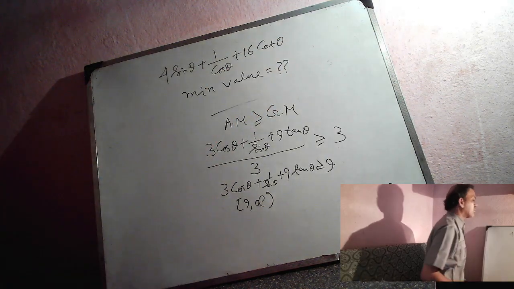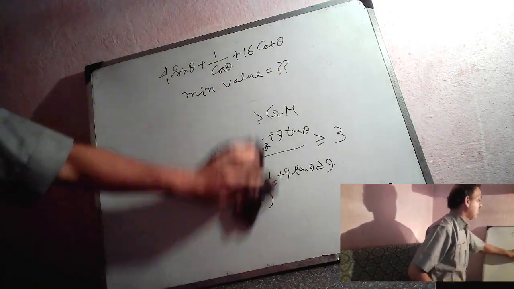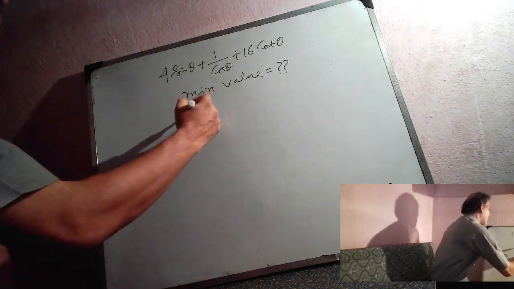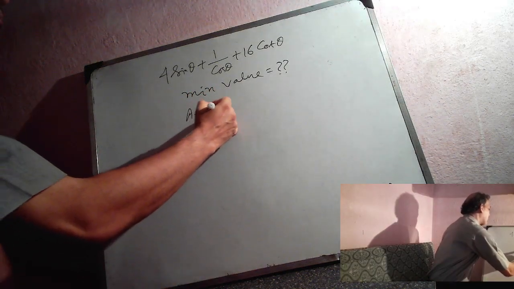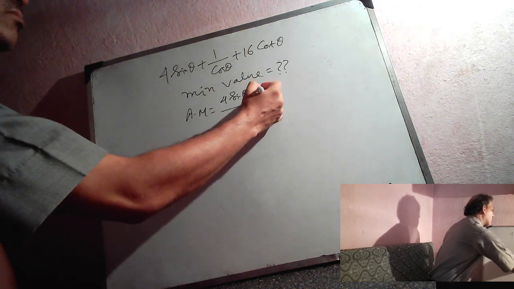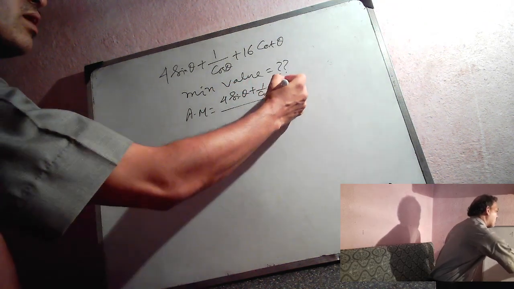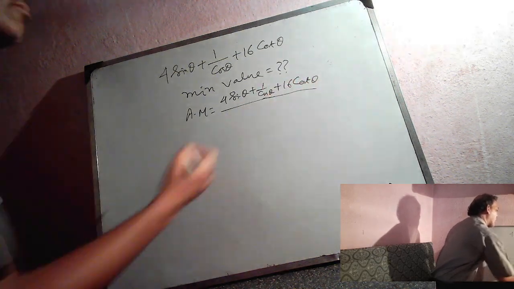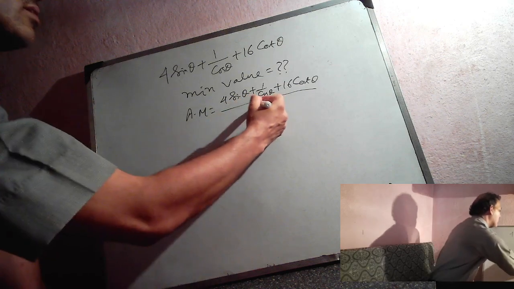What will be its minimum value? The AM of the given 3 numbers 4 sin theta plus 1 by cos theta plus 16 cot theta is this sum by 3.